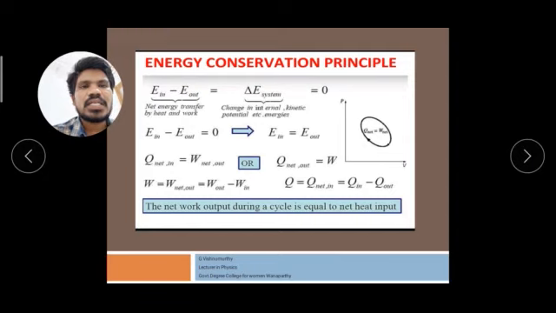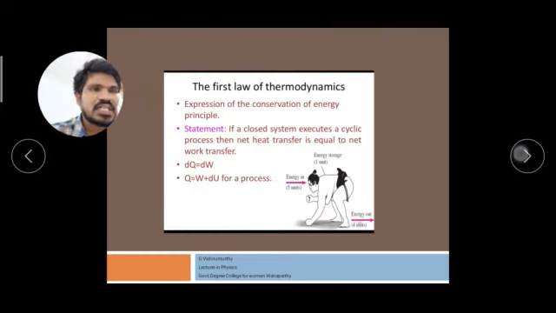Then E input minus E output is equal to 0, so E input is equal to E output, that is, Q net input is equal to W net output, or Q net output is equal to W net output, that is W out minus W in. The net work output during a cycle is equal to the net heat output.